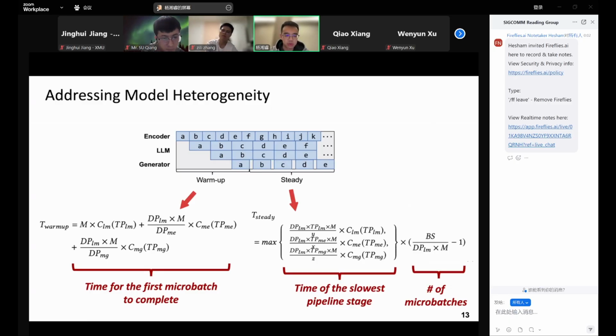Based on these two equations, the work formulates an optimization problem and solves it with an off-the-shelf solver. It's worth noting that the T steady stage is the main factor we take into consideration, because the T warm-up is relatively small compared to the whole process.